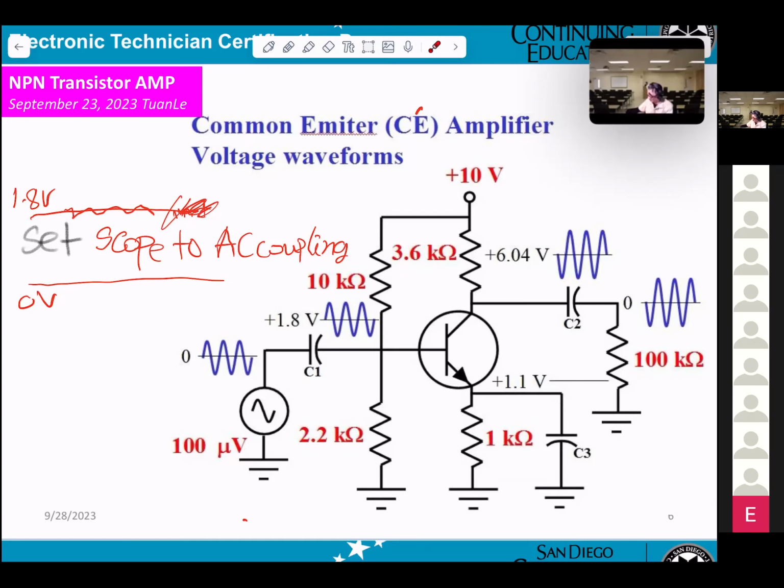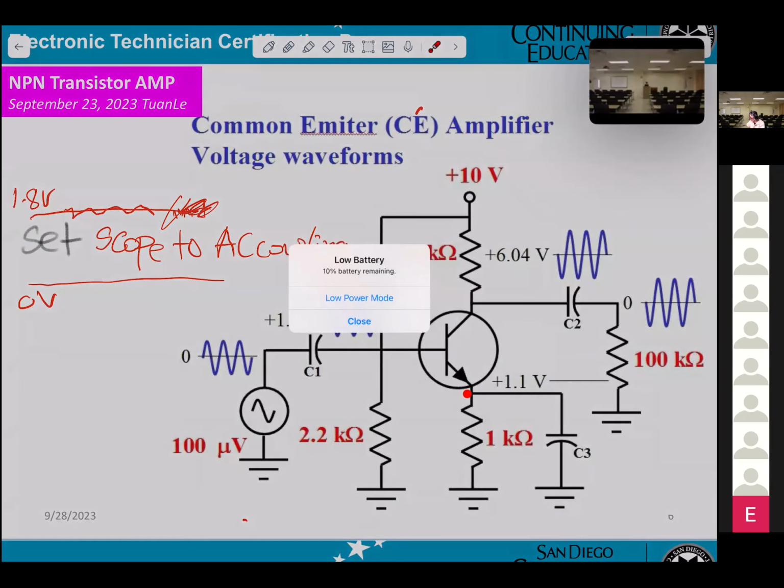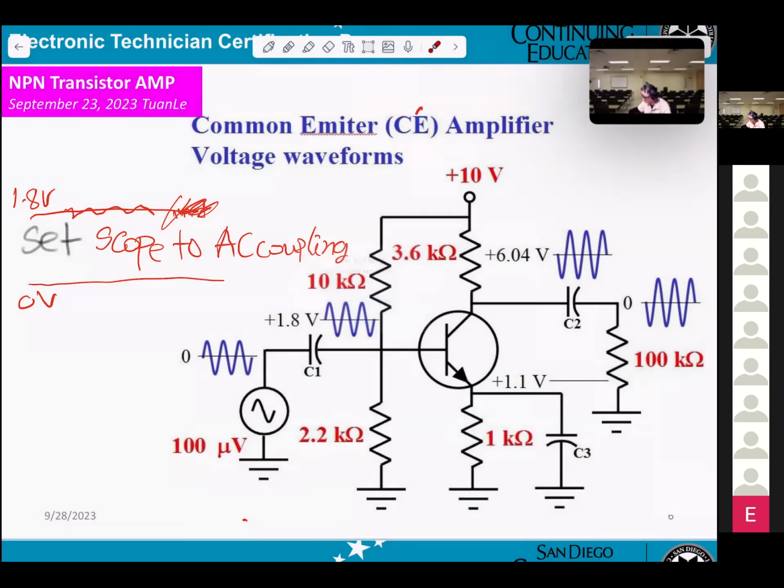Okay, and now at this point here, DC 1.1 volt. However, if you measure the signal, you don't see any signal. Okay? The thing is, they short it to the ground.